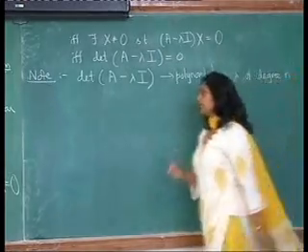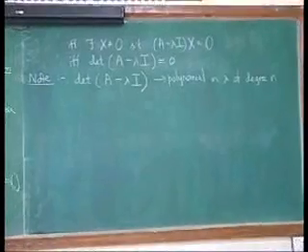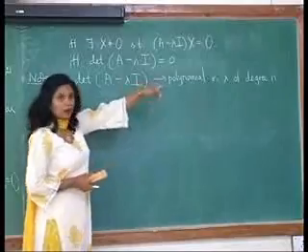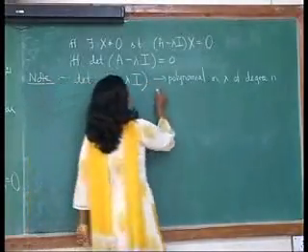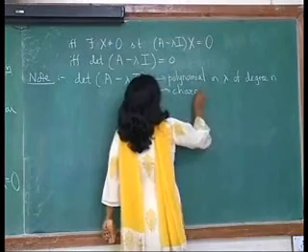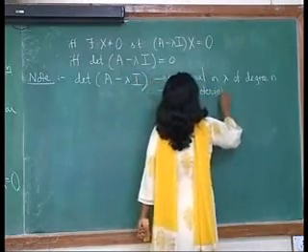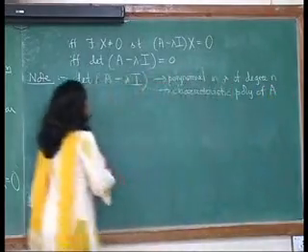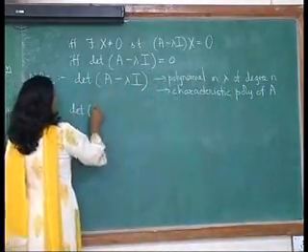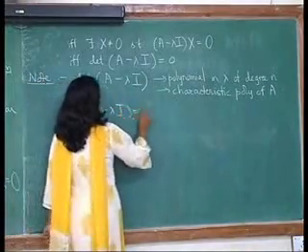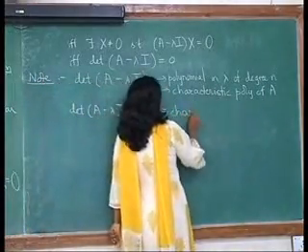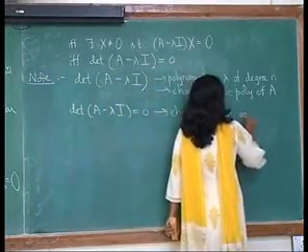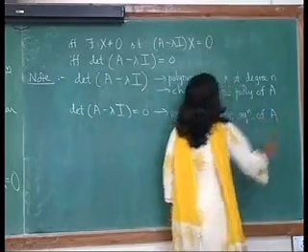So if A is a square matrix of order n, determinant of A minus lambda I is going to be a polynomial in lambda of degree n, and this will be called the characteristic polynomial of A. If I look at determinant of A minus lambda I equal to 0, this being an equation, this is called the characteristic equation of A.